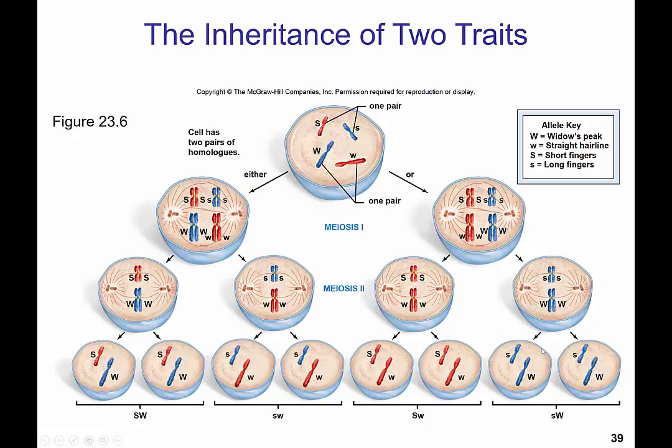So, since we don't know how these homologs arrange themselves independently during meiosis 1, we're not sure for the resulting gametes which alleles they will carry. Looking at this figure is the long explanation of how we're going to get these combinations of alleles in the following problems.